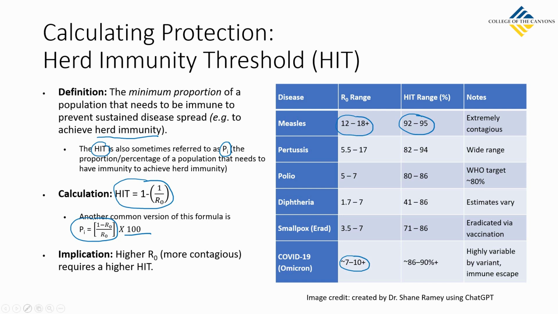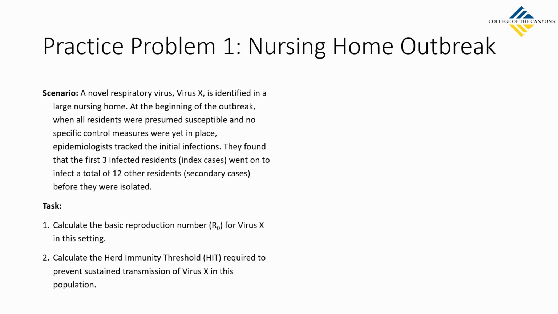Okay, so now we can work on some practice problems where we have to calculate the basic reproductive number, R0, and the herd immunity threshold, HIT or PI. So here's our scenario. We've got a novel respiratory virus, virus X, in a nursing home.